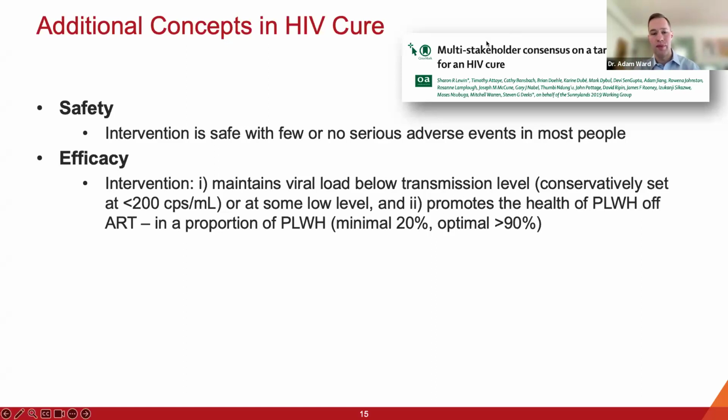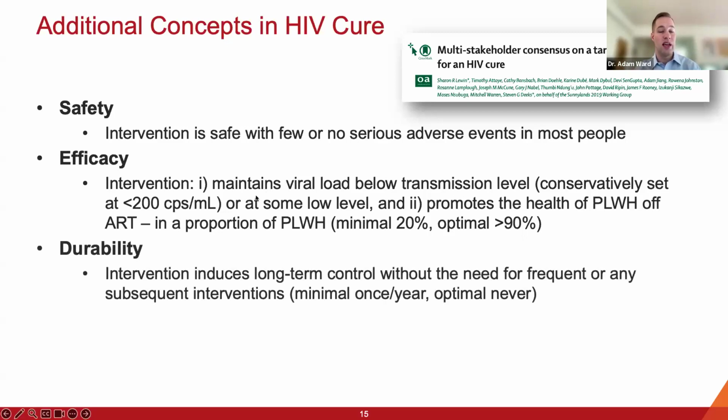So in this target product profile, they identified that the minimal accepted efficacy would be around 20%, meaning the intervention works in at least 20% of people living with HIV, and the optimal efficacy would be in over 90% of people living with HIV. That would be optimal for a cure strategy.